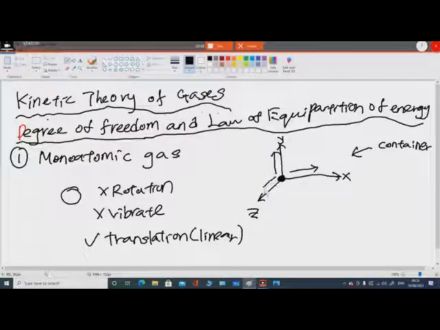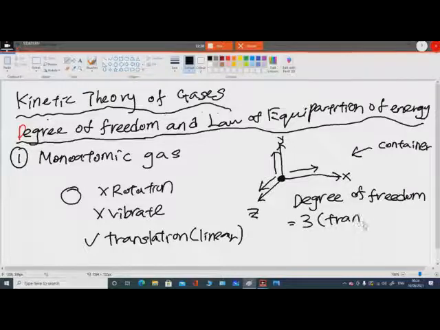So we can say that the degree of freedom for the monoatomic gas is actually 3, which is the translational motion. So this is the degree of freedom for monoatomic gas.